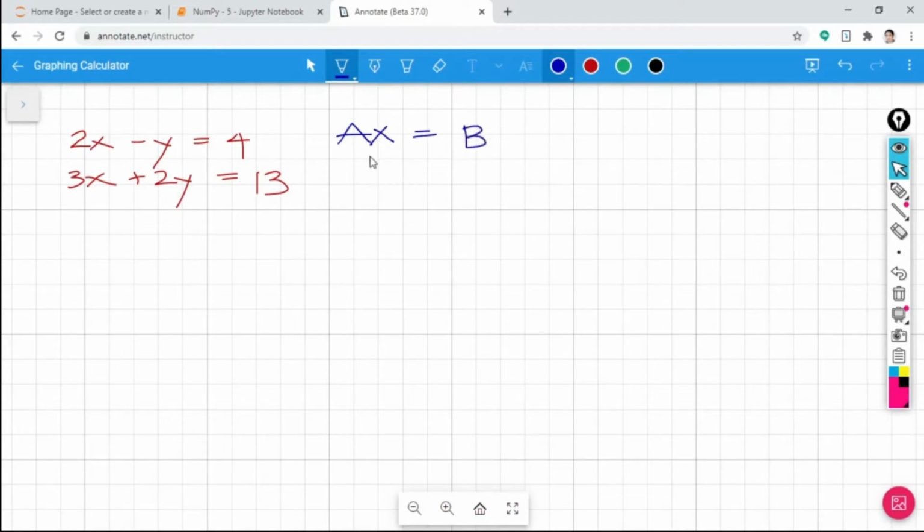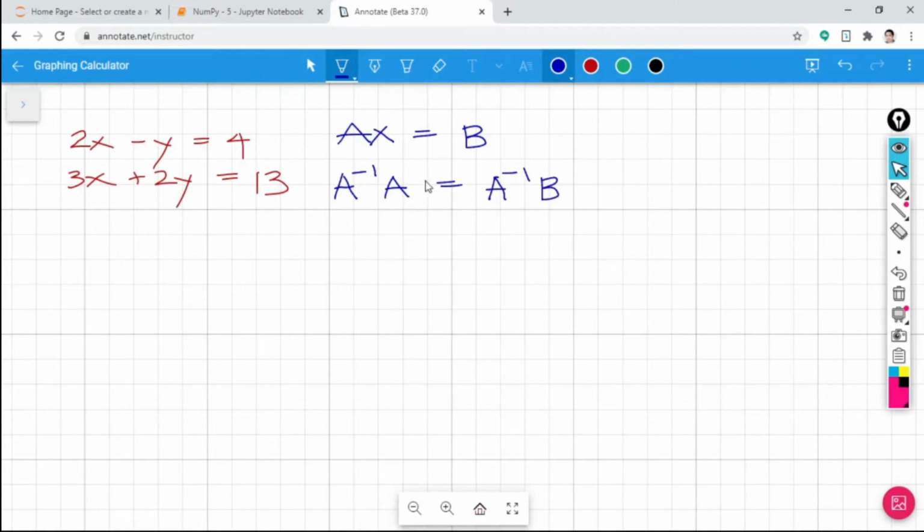Where A is this matrix. If we multiply both sides by the inverse of the matrix, this will be the inverse of the matrix times b, which is 4 and 13.